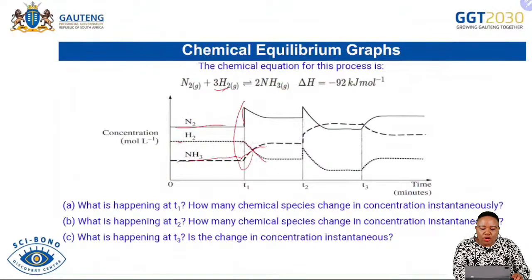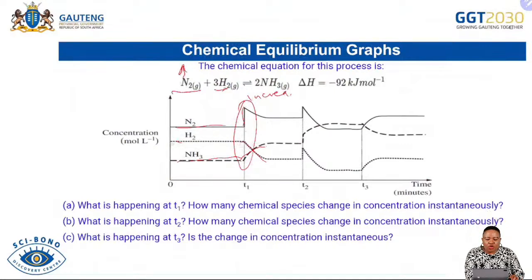So you can also tell here that there was an increase in concentration of what? Which one is increasing sharply? Is nitrogen.